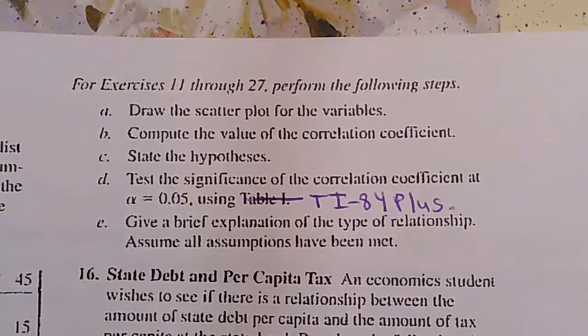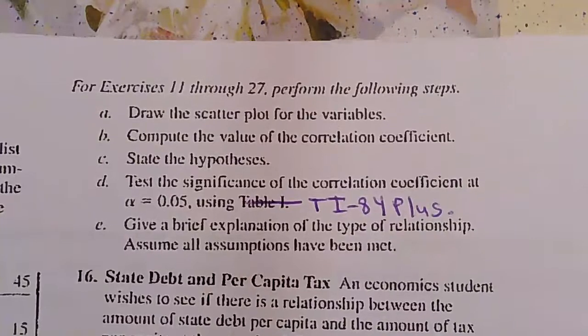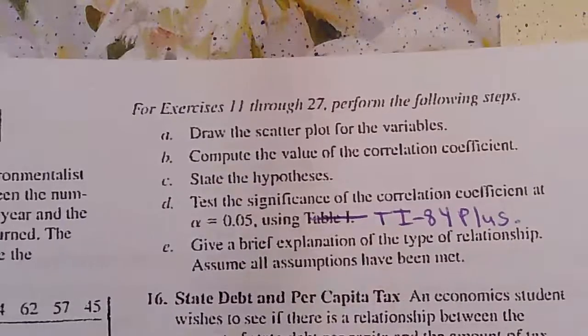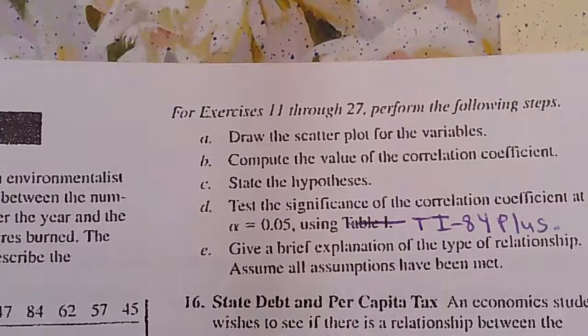Then you also want to give a brief explanation of the type of relationship, and assume all assumptions have been met. We'll talk about the assumptions on our handout. We'll do problems 14 and 16 in just a bit. Problem 16 has to do with state debt and per capita tax.